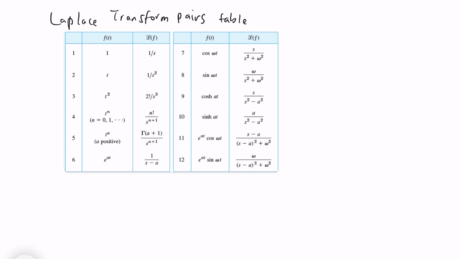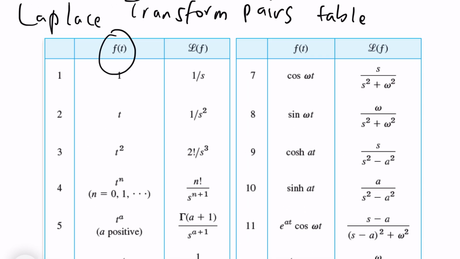So what is the Laplace transform pairs table? It is a lookup table that shows you the relationship between the time domain function, which is this f(t), and the capital F(s), or the Laplace transform of f(t), in this column.